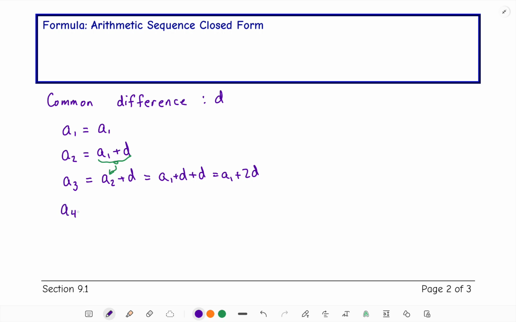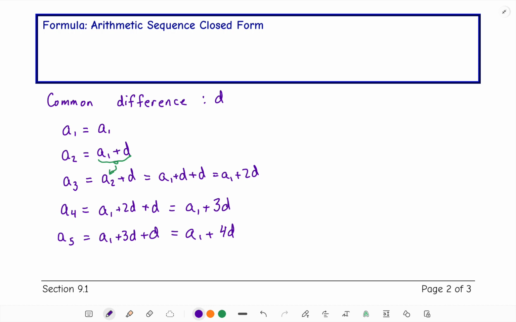So then A4 is that. I'm going to skip a step now, but I'm going to just say it's what we just had. So A1 plus 2D plus D, or A1 plus 3D. Let's do one more. So A5 is what we just had plus another D. So we get A1 plus 4D.